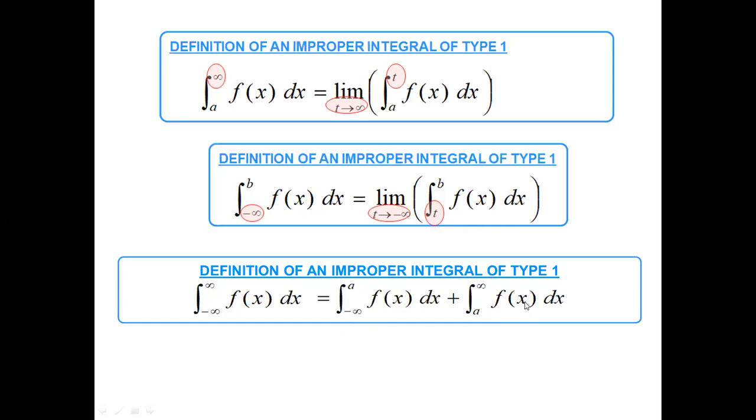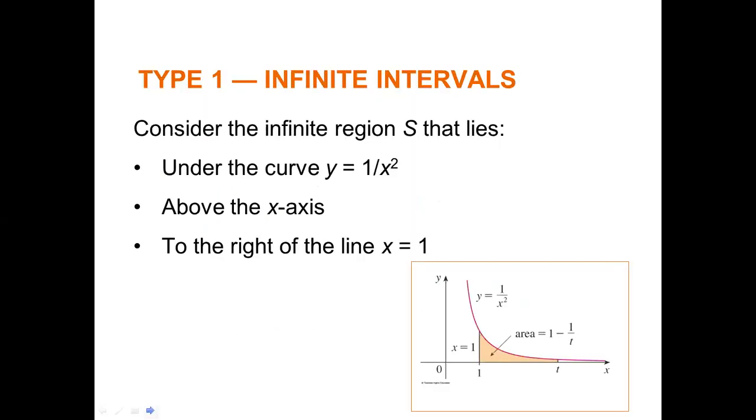If you add these two, it's just like having one integral with a limit of negative infinity to infinity. So all three of these are said to be improper because they have limits of integration which are infinite. Now, what about type 1? The previous ones are all type 1.